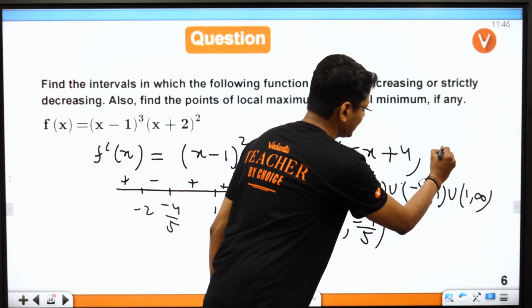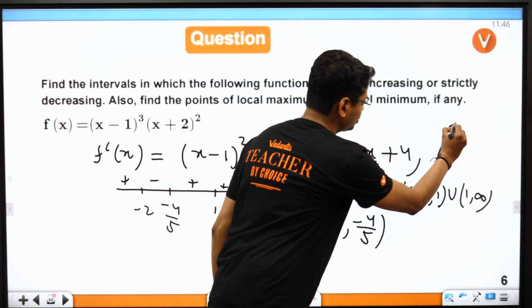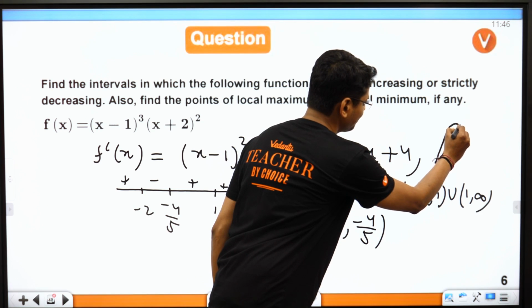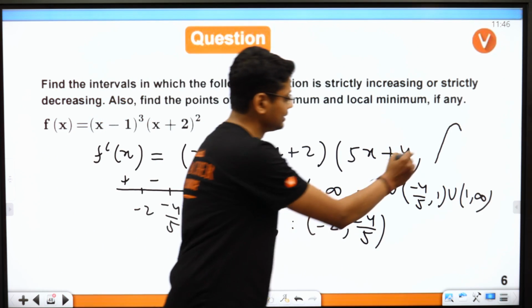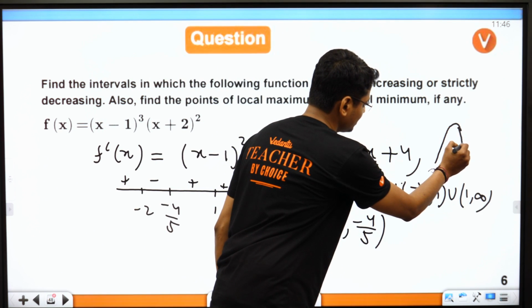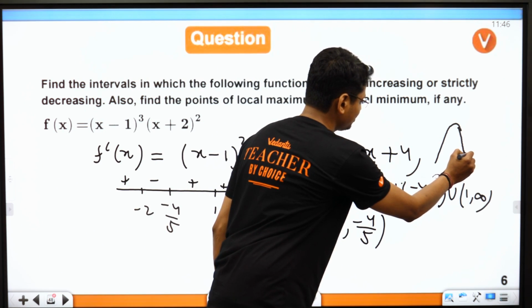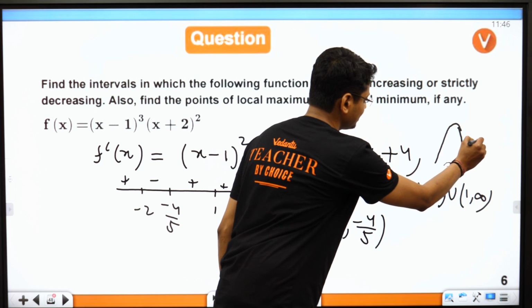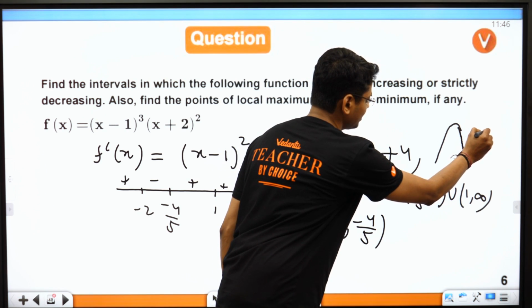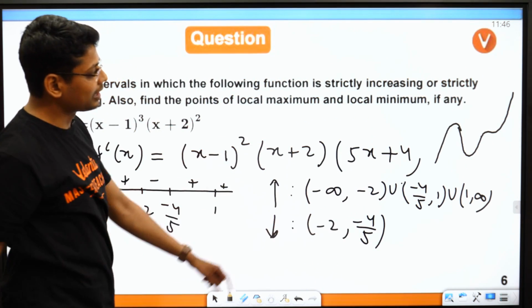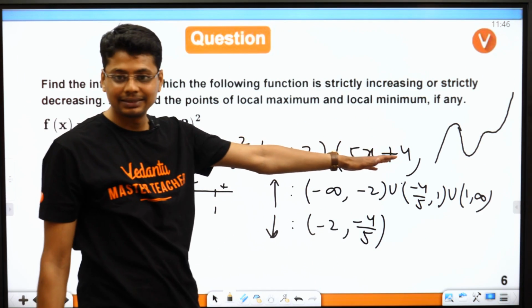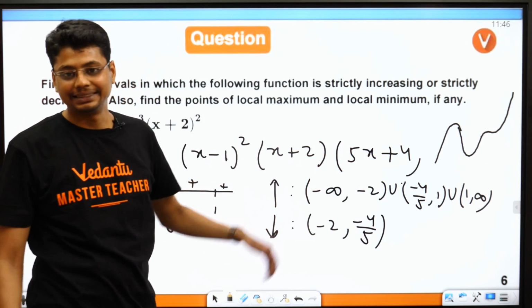So basically it would be like this, and at minus 2 it will be a maximum, because again from minus 2 to minus 4 by 5 it is decreasing, and then minus 4 by 5 to 1 it is increasing, and again at 1 the derivative is 0 and again it is increasing. So typical curve would be like this, rough sketch.